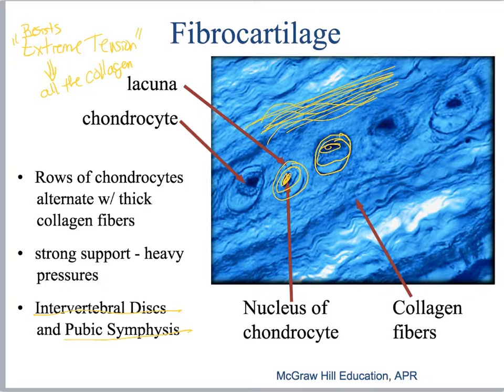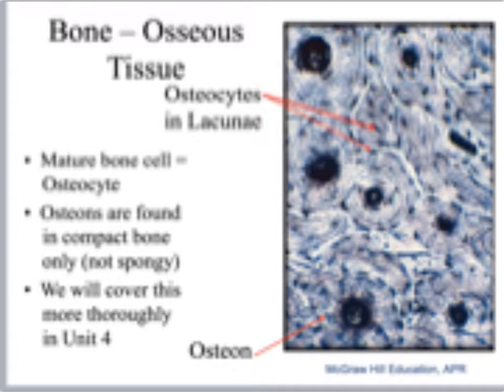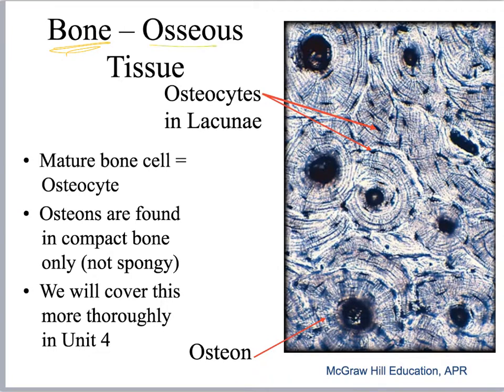All right, next slide. All right, looking at that third category of connective tissue, we have bone. All right, this is also called osseous tissue. We're going to talk more about this later, but what you have basically are osteocytes, which are your bone cells. That's all of these dark little lines.